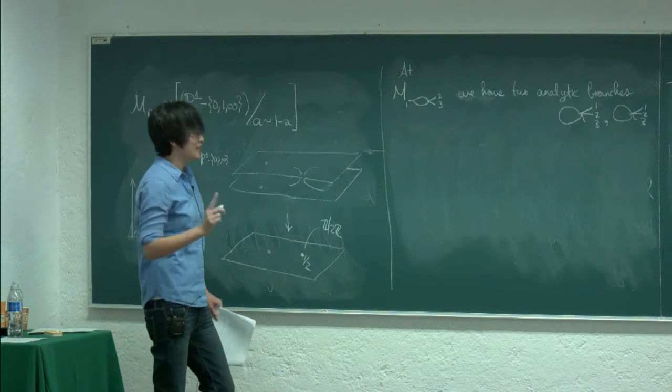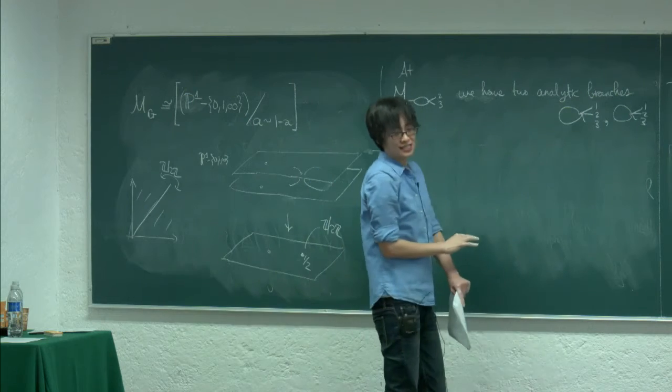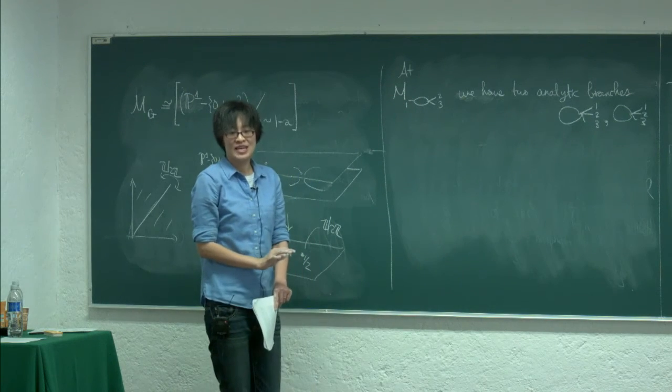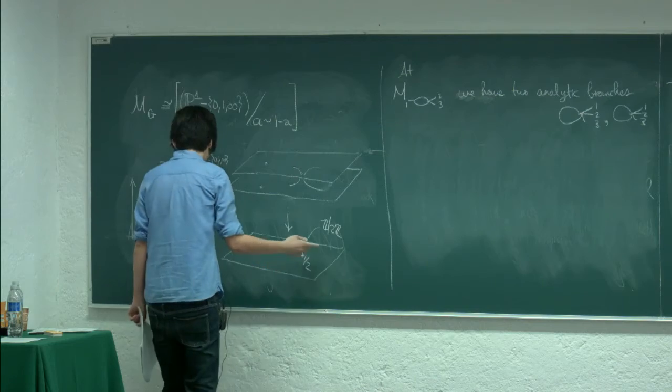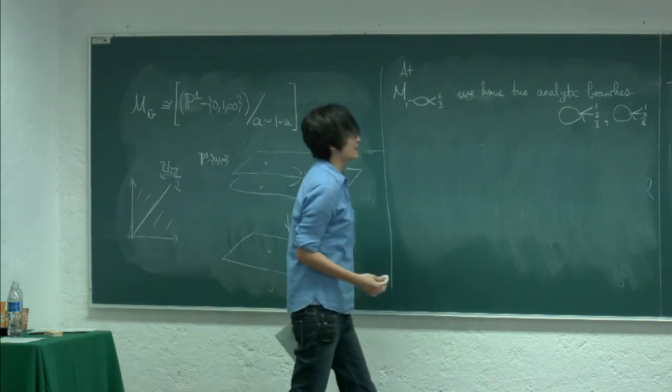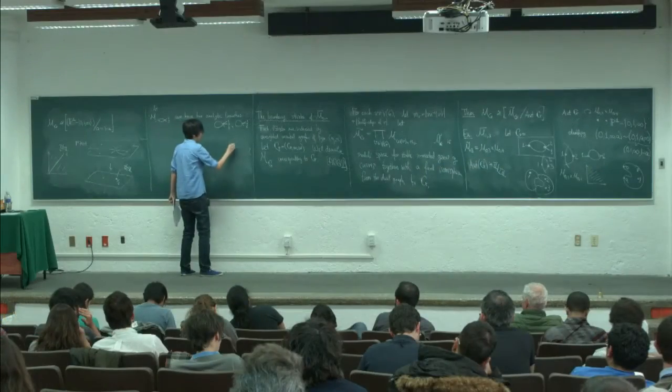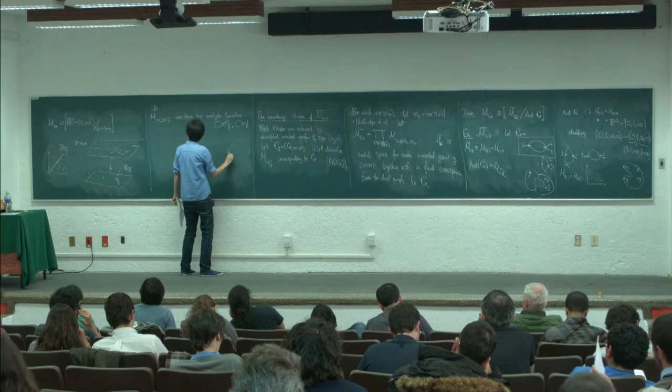umbrella. So what I'm saying is that the analytic branches are indistinguishable in the sense that if you take a path, so if you're sitting, okay, right, so approximately we have this picture.